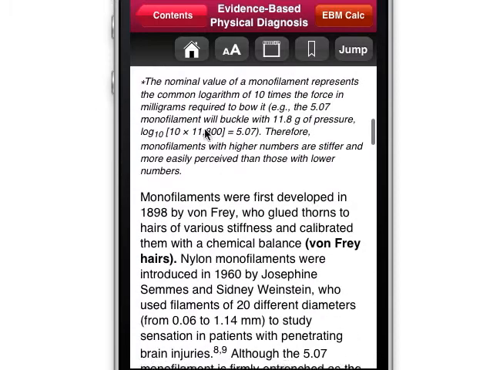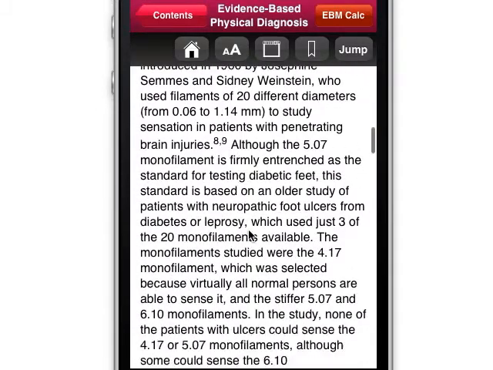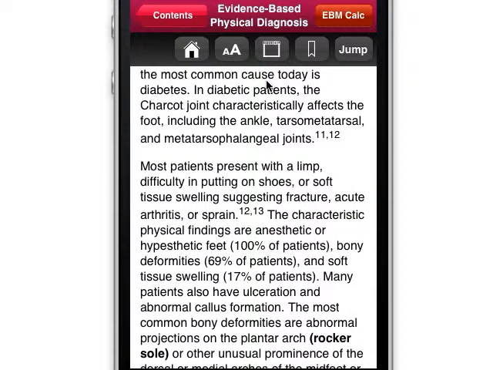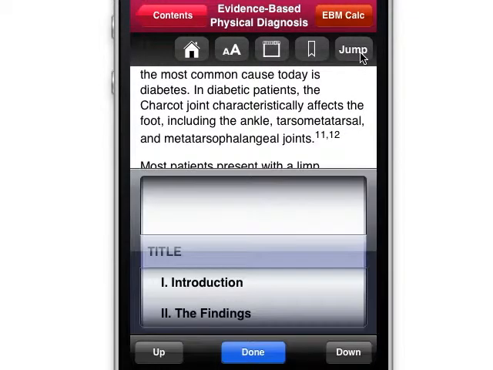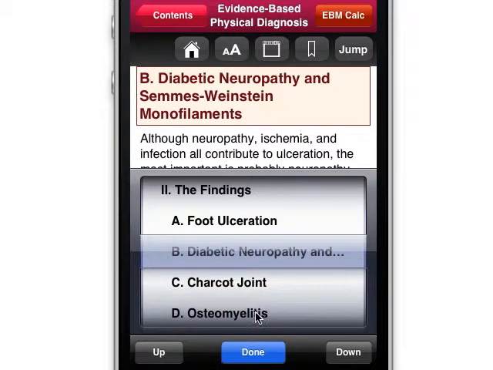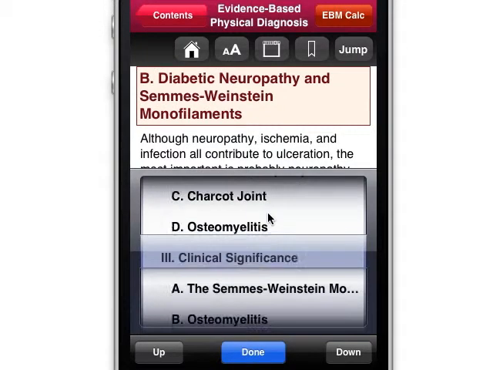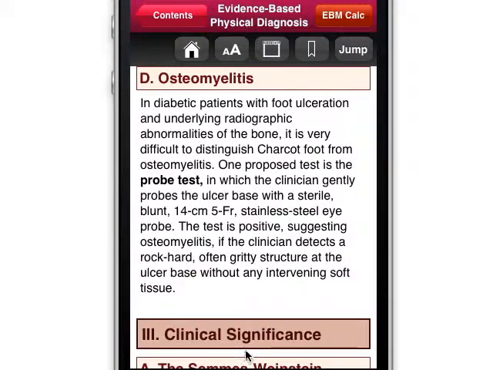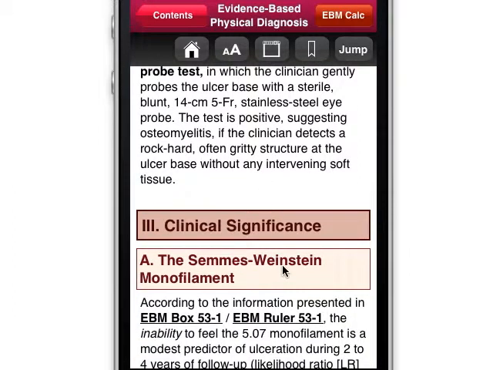These are things that you can learn about, and issues with regards to Charcot's joint. You can jump around inside a chapter to look for different findings, like probability of osteomyelitis, and there's a test called the probe test. So there are all these different ways to do this.